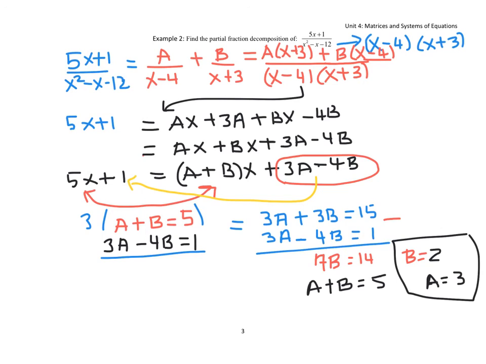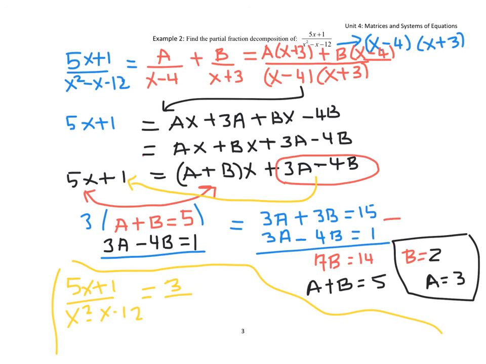So now my final answer, I can actually write it over here. 5x plus 1 over x squared minus x minus 12 is equal to a, which is 3 over x minus 4, plus b, which is 2 over x plus 3.